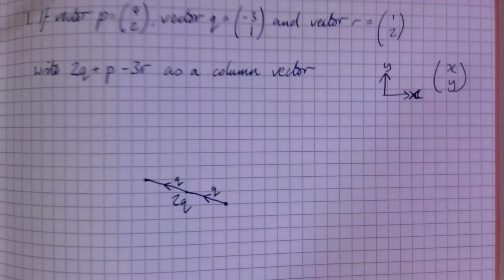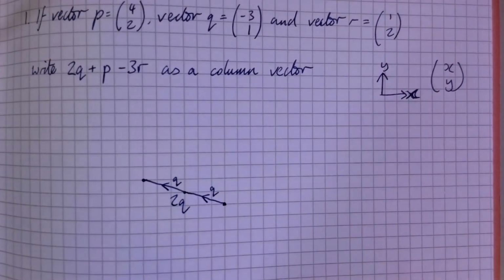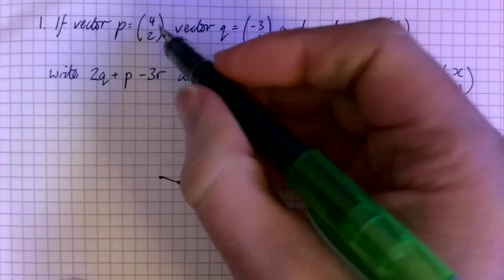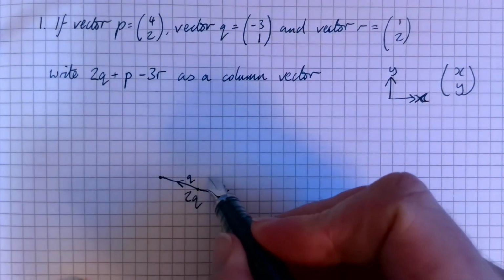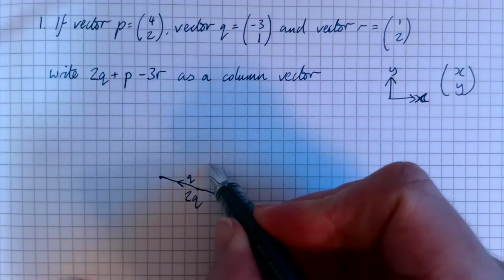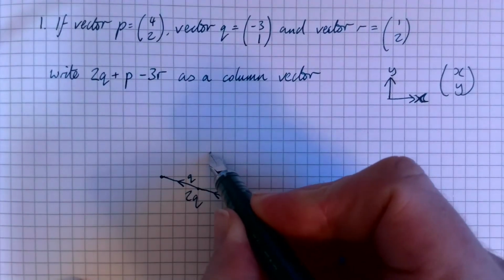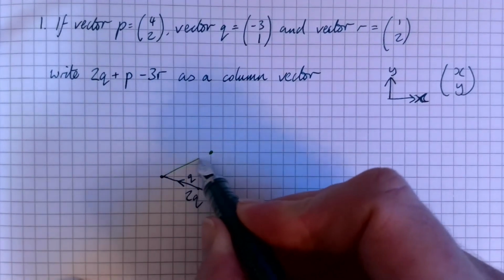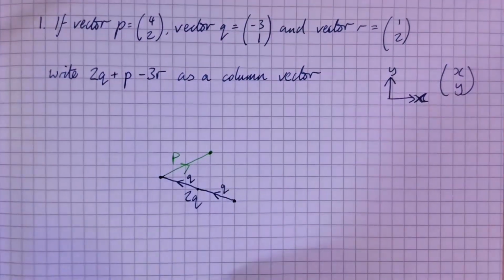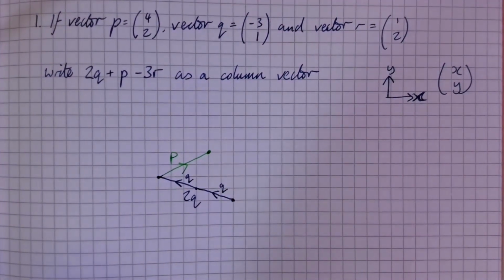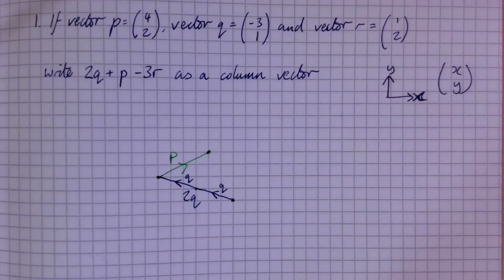Then if we go p, p is 4, 2, so 1, 2, 3, 4 to the right, and then vertically up 2 goes to here, so that would be p. Then we've got to take 3r, so that means doing the opposite of r 3 times.